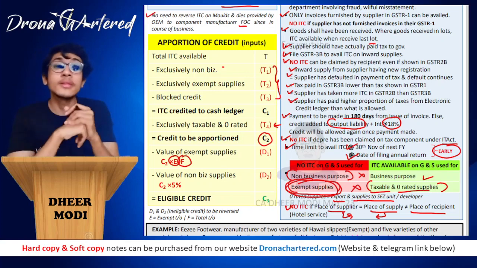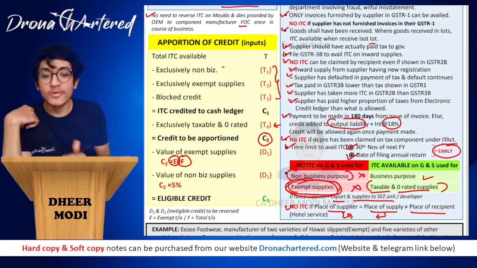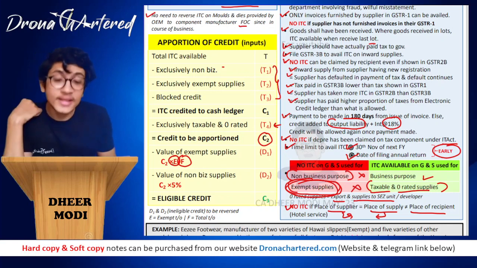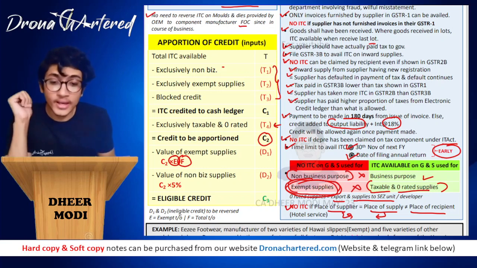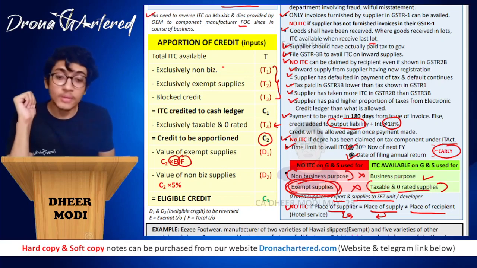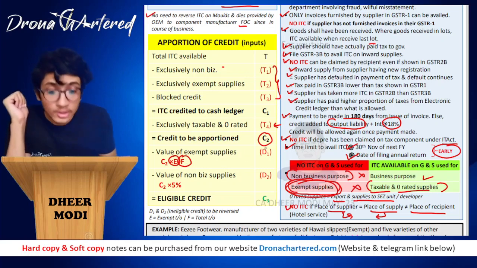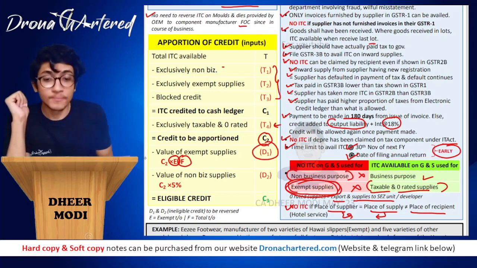So I should not be receiving credit on 40% of my inputs. Therefore we find a ratio, that is C2 into the ratio of exempt turnover upon total turnover. By this you get D1.